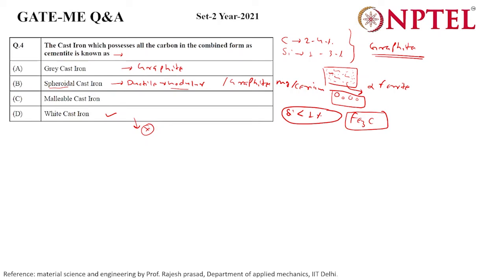At that time we get the malleable cast iron, where those Fe3C break into graphite and alpha ferrite. So malleable cast iron is our final product, and white cast iron is the intermediate product.